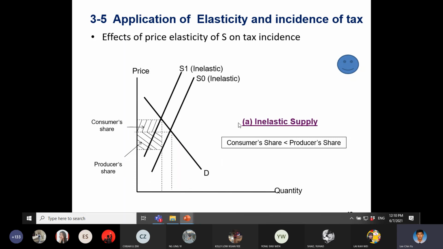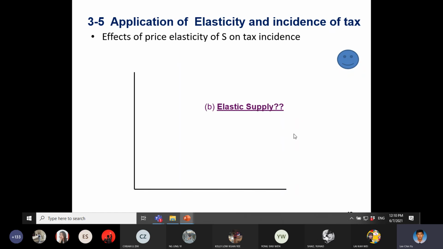For inelastic supply, the producer needs to bear more tax. And for elastic supply, the consumer might need to pay more.